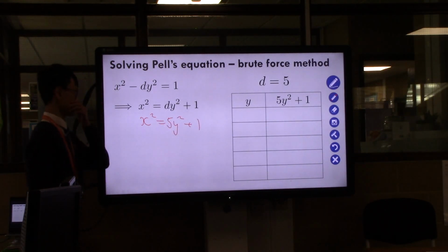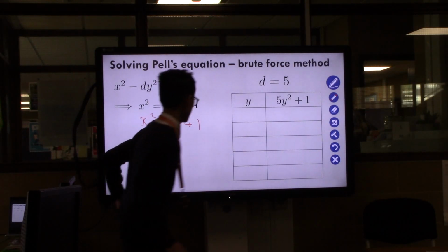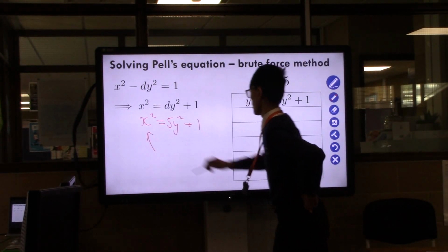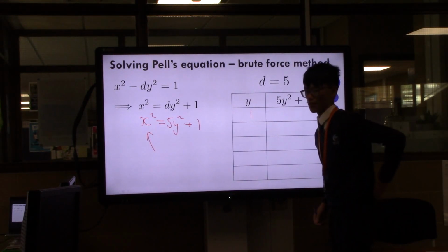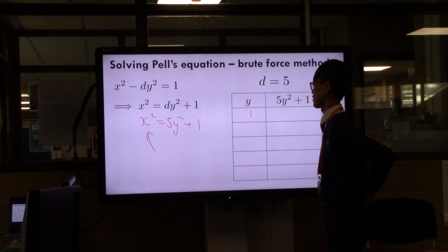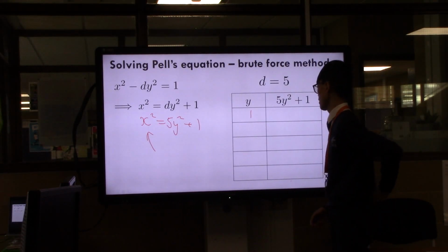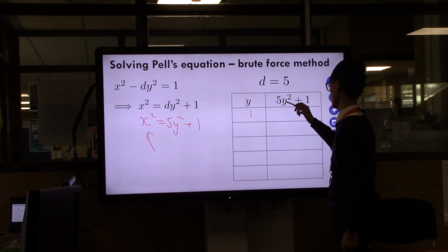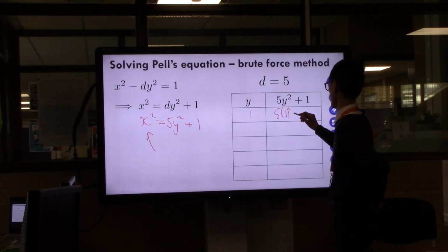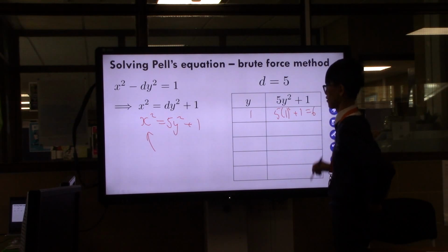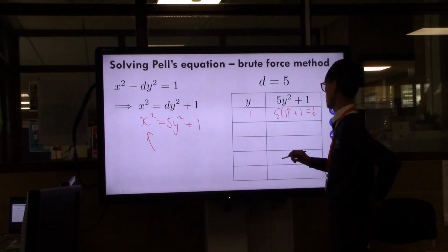We can start trying values of y and see if we get a square number on the other side. First we can try y equals 1, which seems quite sensible because we know that y must be a positive integer. Plugging into 5y squared plus 1, we get 5 times 1 squared plus 1, which is equal to 6, and that's not a square, so that won't work.